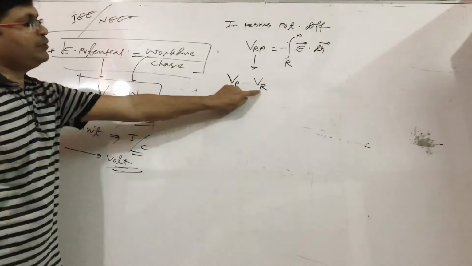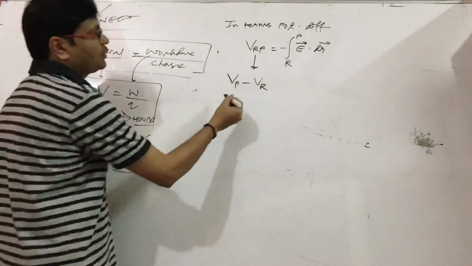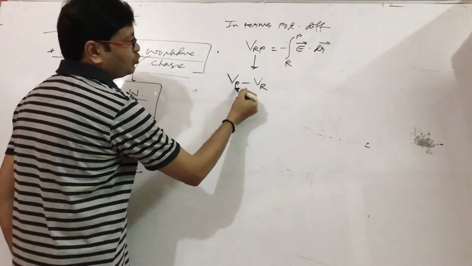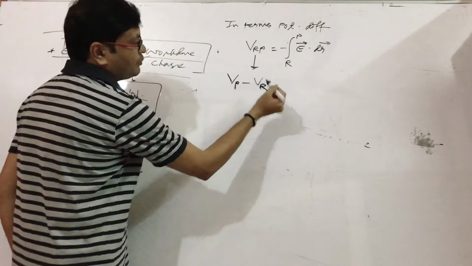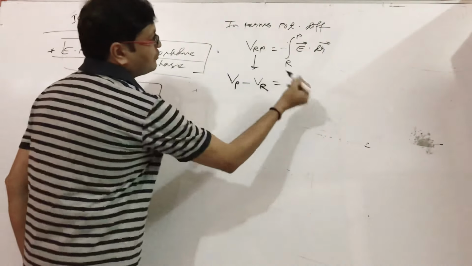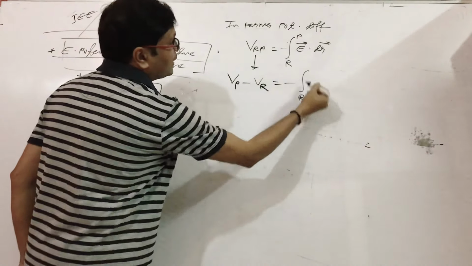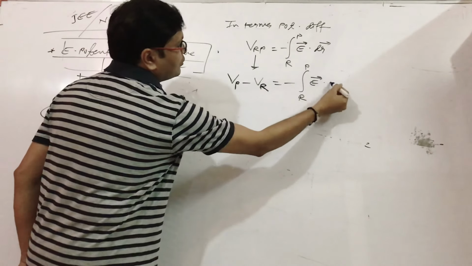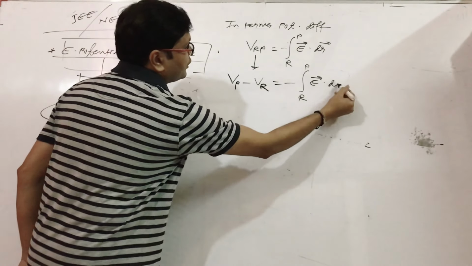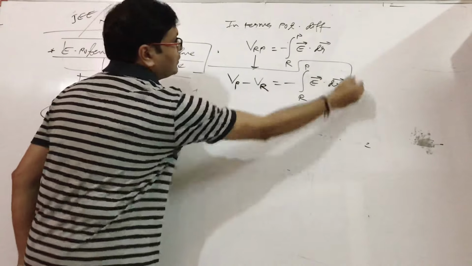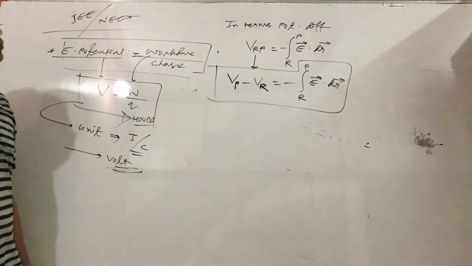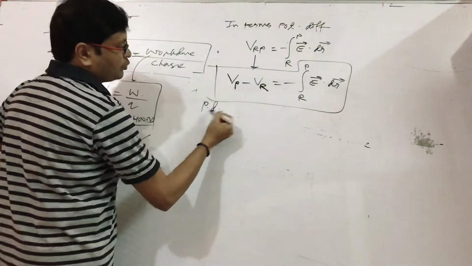What do you mean by V_P minus V_R? It is called the potential difference between the two points P and R. V_P minus V_R is equal to minus integral R to P E dot dr. Very important formula. Don't forget. This is called potential difference from today.